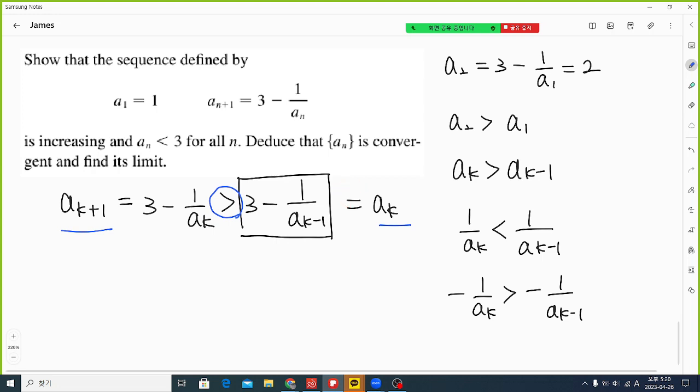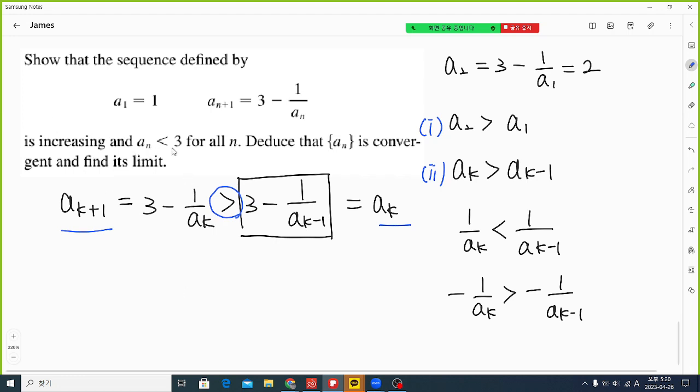To prove something using mathematical induction, we show the first one is true, and then assume this. And then if we show the k plus 1 is also the case, now it makes sense for all positive integers. So we just showed the sequence is always increasing.